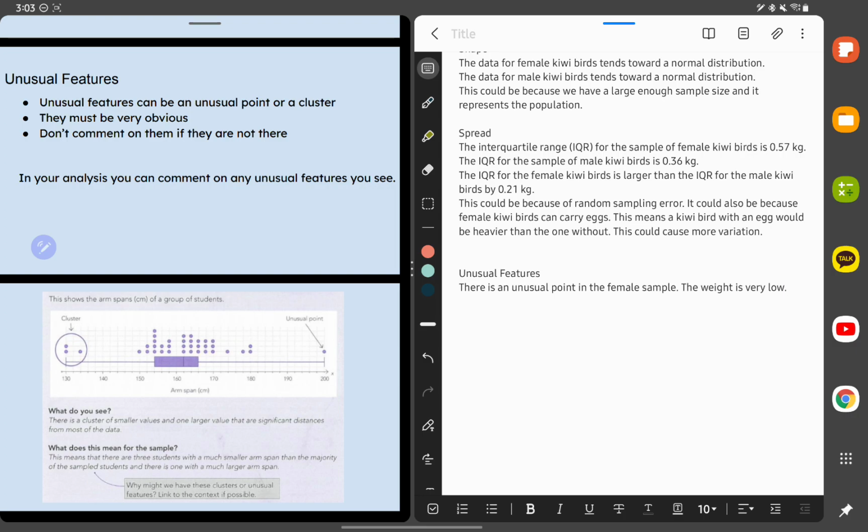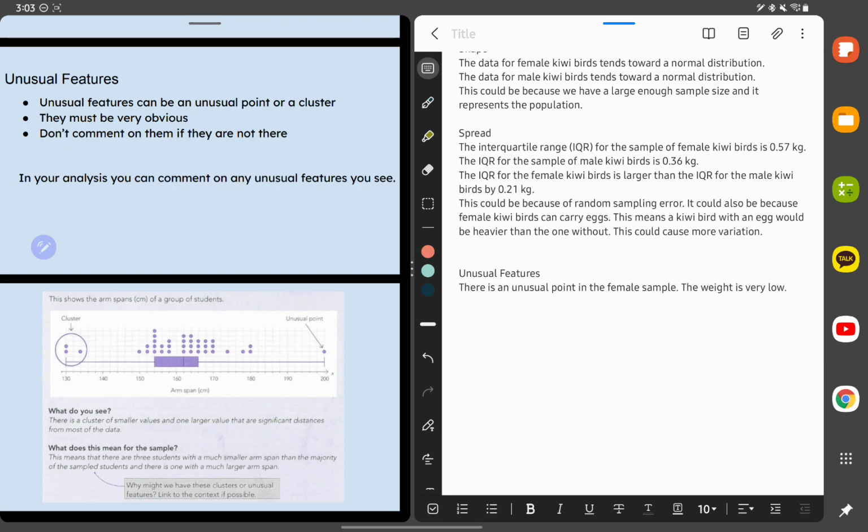And of course, unusual features, we don't need to do both groups. We just need to talk about the ones that we have. We don't need to compare because they're not necessarily related. We just need to explain the one that we have, and a possible explanation for why that's the case, right?